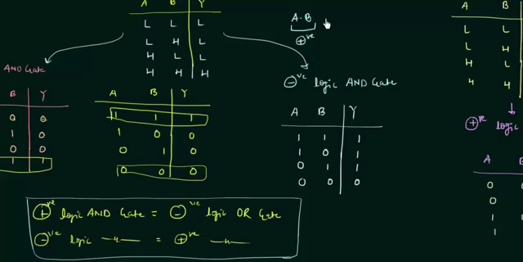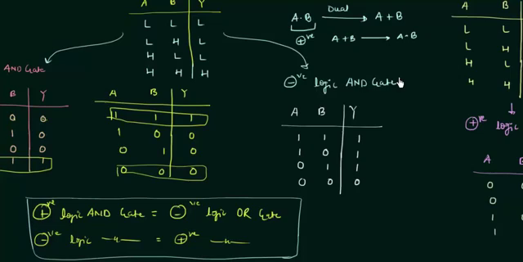So you have to convert this to negative logic. The negative logic of this is A or B. So you have to replace the AND operator with the OR operator, and the reverse is also true. If you have A or B and you want to find the dual, then you have to make it A and B. This is the only thing you have to do in the case of dual form.